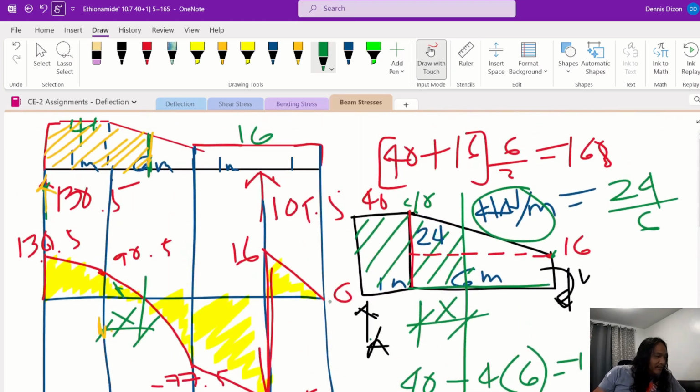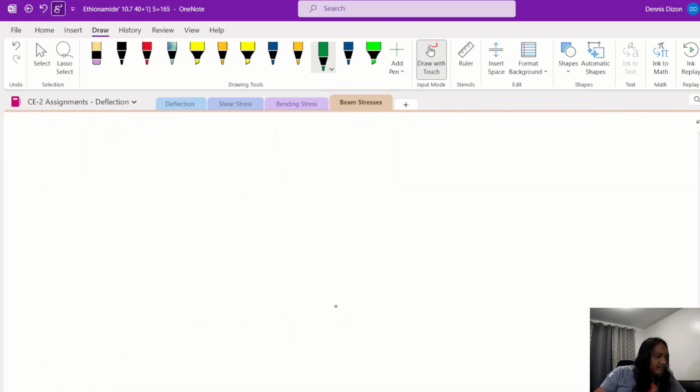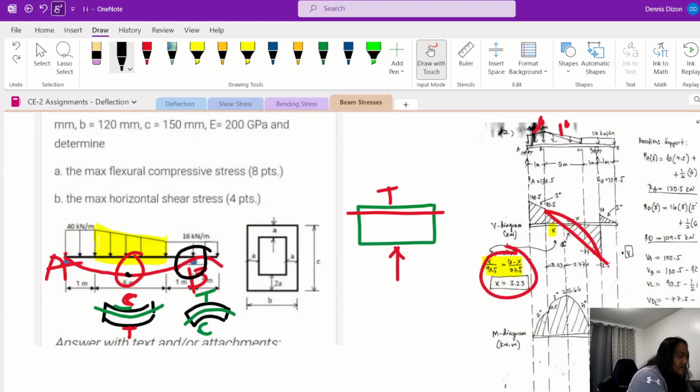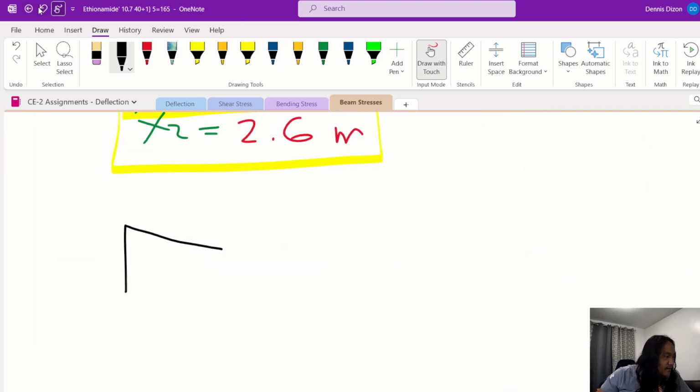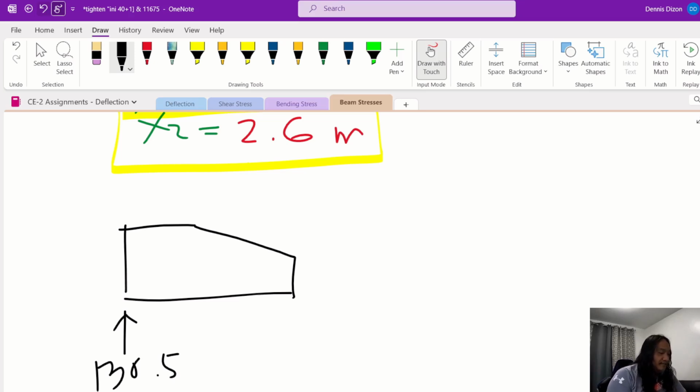So again, we already have the location. We have here 40 and then down. This is our 130.5 reaction at A, and now we will cut the section.